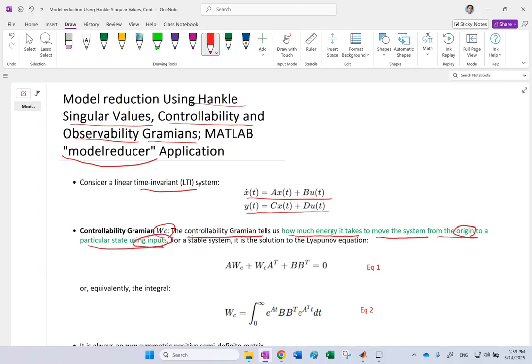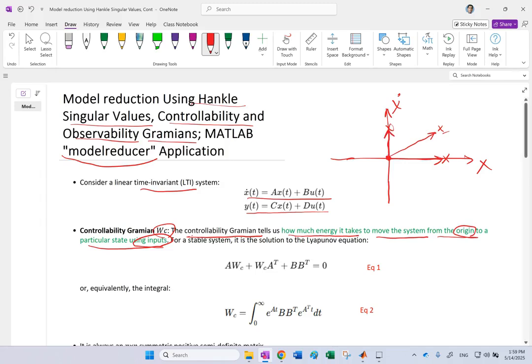Remember, controllability itself means I'm able to move, let's say this is the state space of a 1-DOF system like a mass-spring system. So for instance, this is x dot, this is x. Let's say I start at the origin and I want to go to this location here. If I want to move in that direction, can I do it? Or from here to here, can I do it?